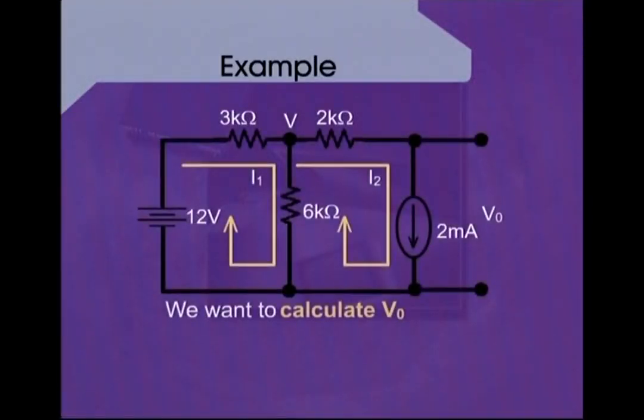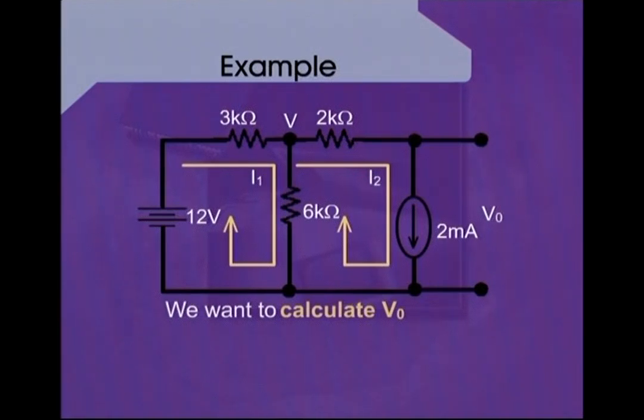The slide shows a resistive network having 2 meshes. We give the name mesh 1 to the mesh which is on our left hand side, and we consider the right hand side mesh as mesh 2, and we want to calculate the voltage V0 at the output terminals of this circuit.